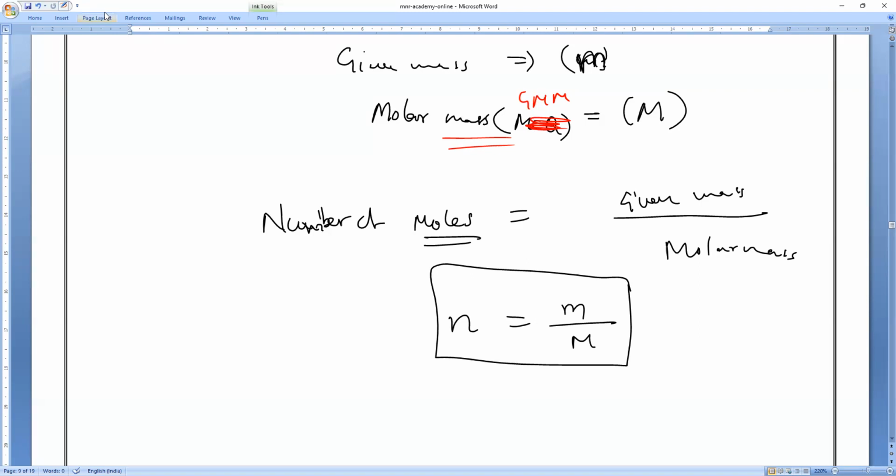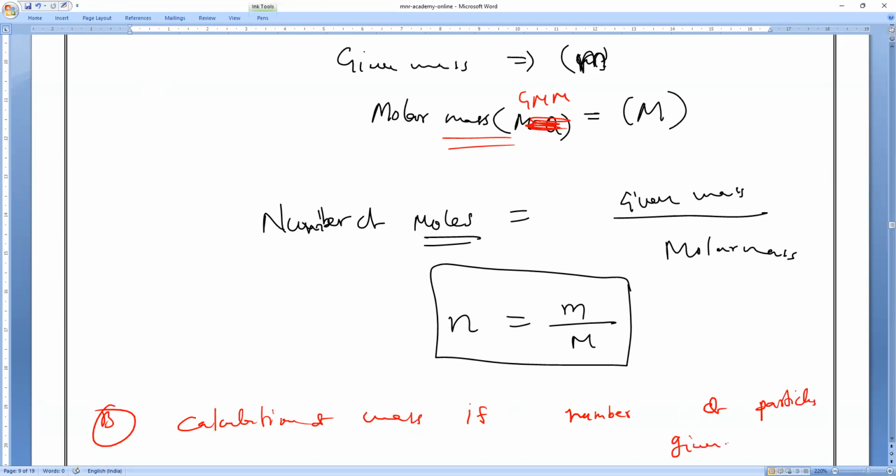Next, part B, very, very important. Calculation of mass if the number of particles is given. Practice by practice it will come.